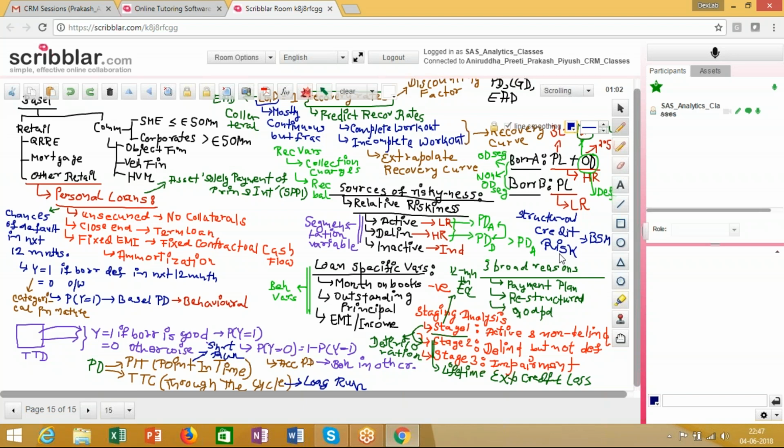How are the factors affecting a TTC PD identified, and how can you convert the PIT PD to the TTC PD? For that we'll discuss the entire Black-Scholes-Merton model framework and the part from where this probability of default comes in. So this is the next topic that we talk about in the next session, which is on Wednesday.